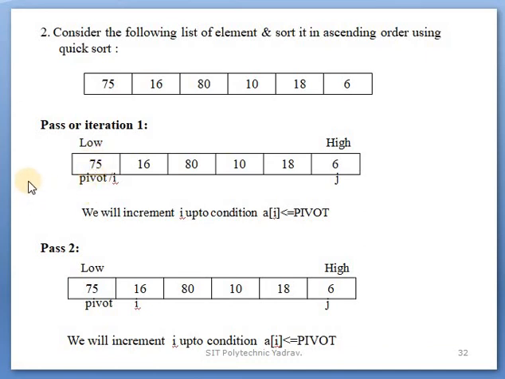In the algorithm, two pointers are used, i and j. i is assigned to the starting index, j to the ending index, and pivot is assigned the first element of the array, the 0th element, also known as array of low.